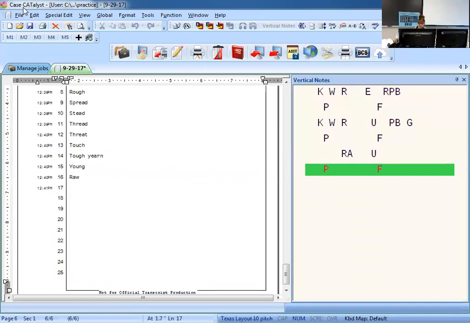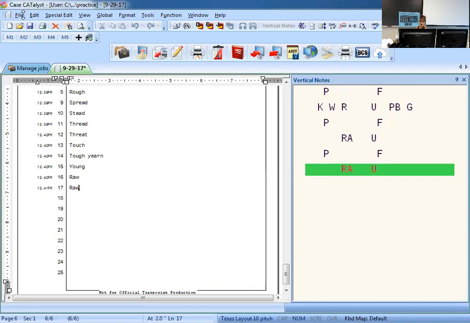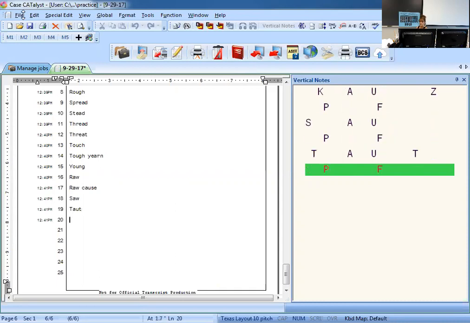We've got, remember, the U will act as a W. So usually if there's a word that has a W in the English portion, in steno you can use the U, okay? If that helps you out. Raw, cause. We've got saw, I saw you. We've got taught, T-A-U-T, just like it's written in English, it's written in steno. And then the oi sound, because we're gliding the O and the I, the oi is just an O and an I in steno.